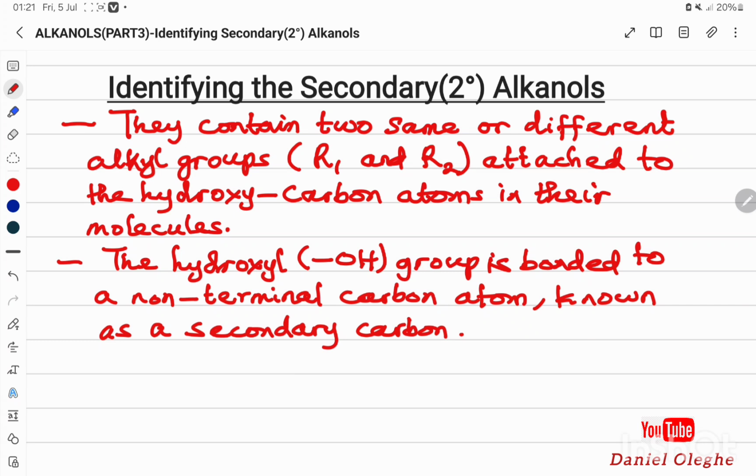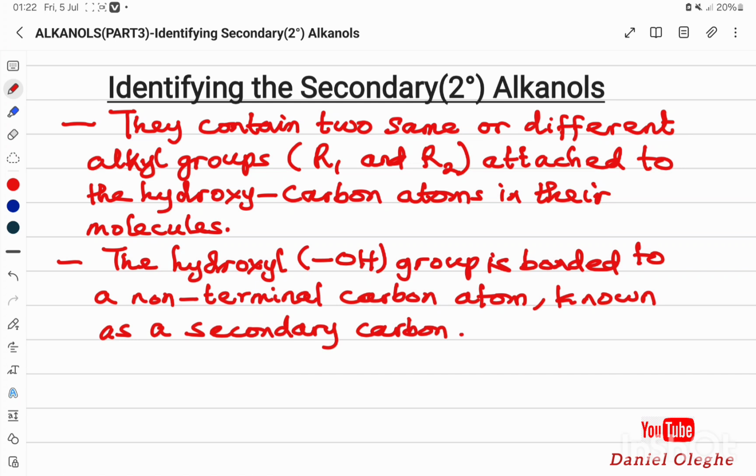That's another thing we can say about secondary alkanols. They contain hydroxy group bonded to a non-terminal carbon atom in their molecule. This non-terminal carbon atom is also known as secondary carbon.